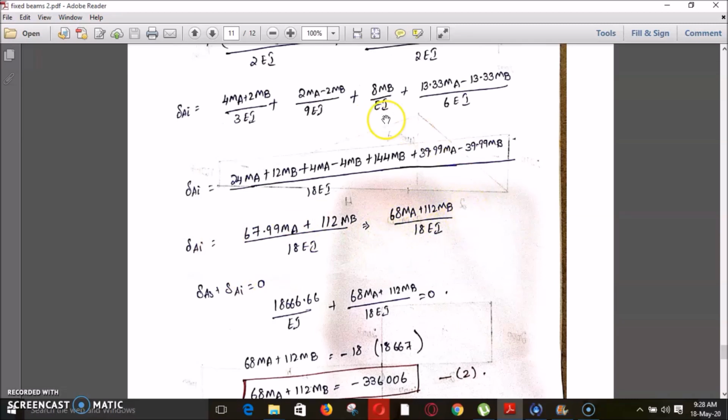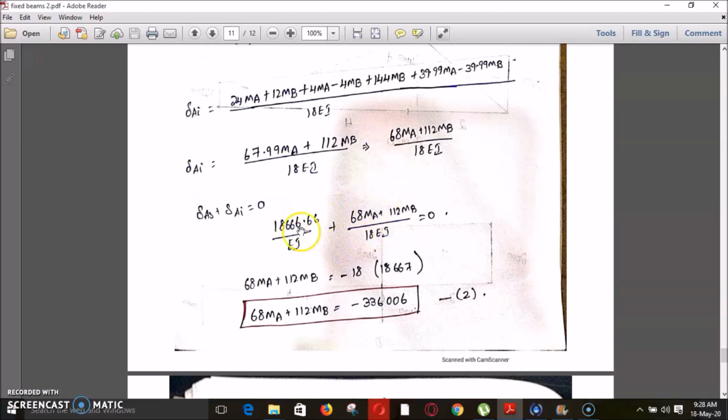Now by substituting both these values in the compatibility equation, delta AS plus delta AI is equal to 0, and solving it, we get another equation, that is 68 MA plus 112 MB is equal to minus 336,006. Mark it as equation 2.